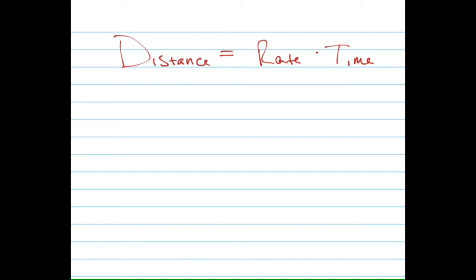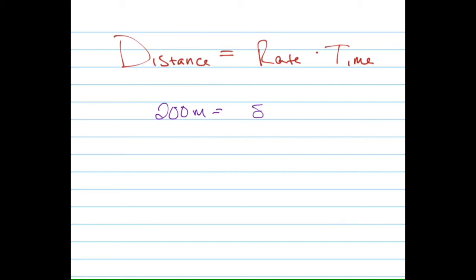So let's plug in what we know. What's the distance? He ran 200 meters. That's a distance. What's the speed? We don't know. So we need to put a variable there. What variable do we want to represent speed or rate?